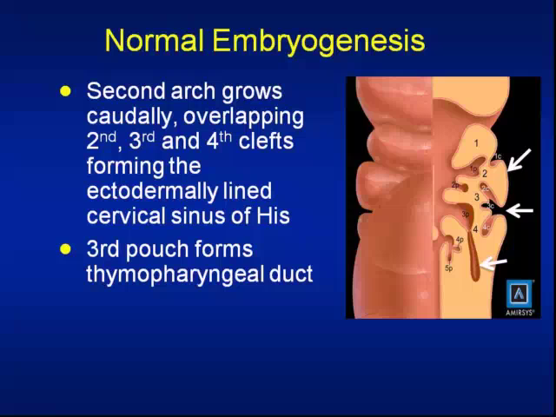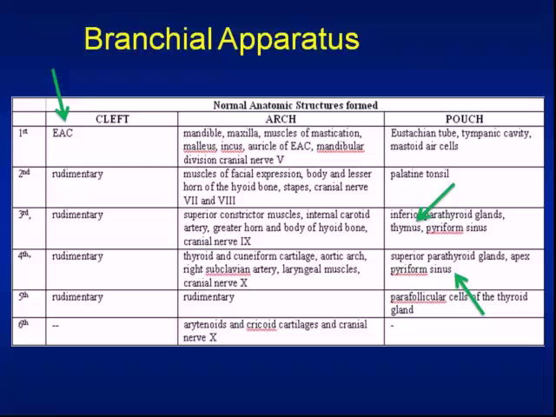Notice that the third pouch, actually, if it doesn't involute, ultimately is going to end up like a thyroglossal duct, and it's going to form the thymopharyngeal duct, and then we'll talk a little bit later about what happens when that embryology goes awry. Many charts in the literature show what happens to those arches, pouches, and clefts.